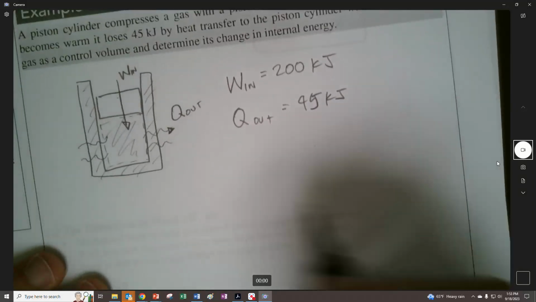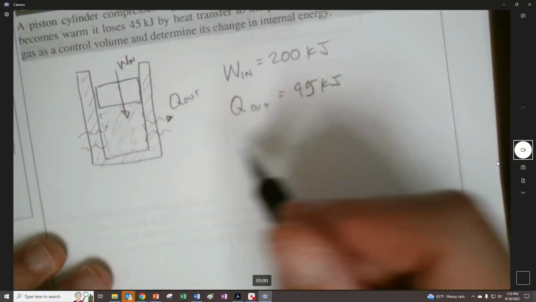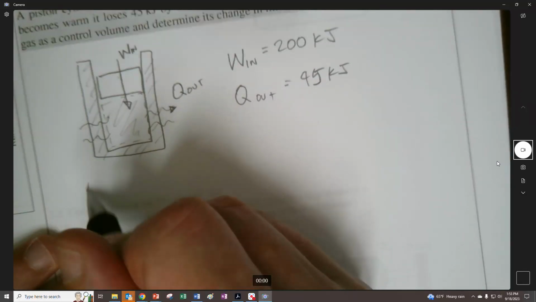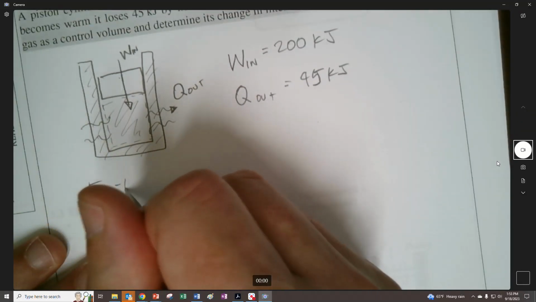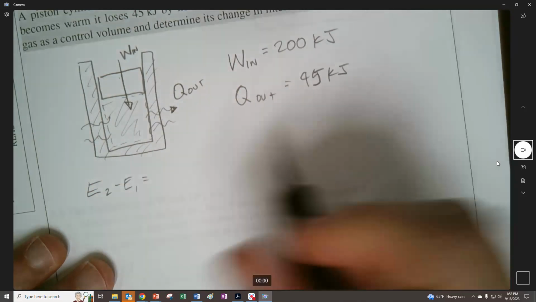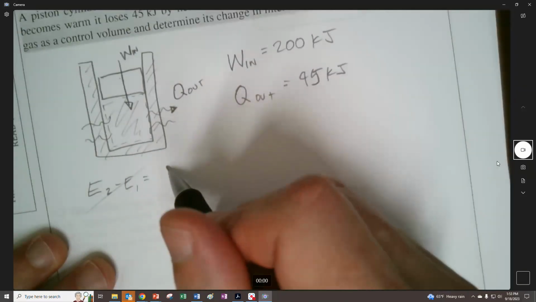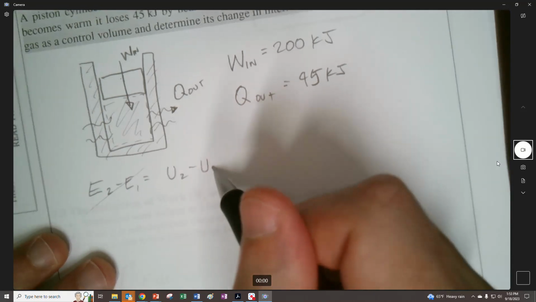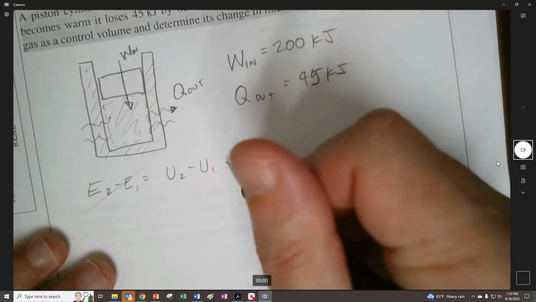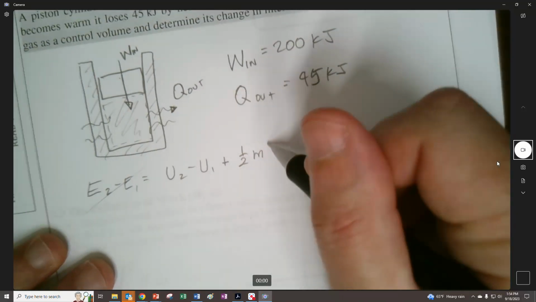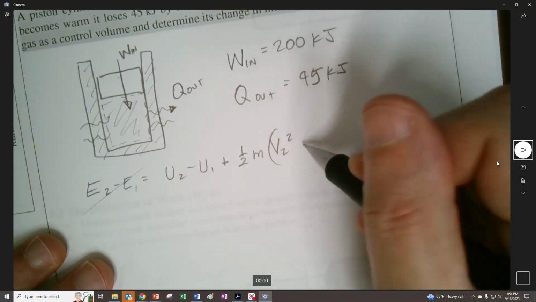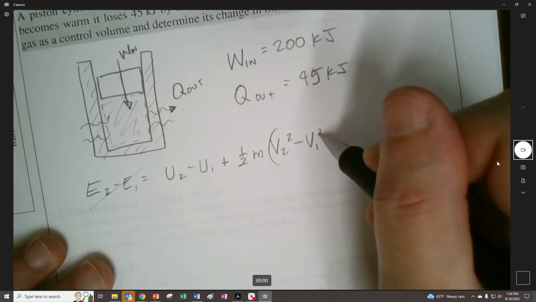If I went to the big equation that I have right here, well, maybe I'll put it here. We have E2 minus E1. We usually just ignore that guy right there. We just look at this right here. We have what happens to the internal energy plus 1/2 m (V2 squared minus V1 squared).